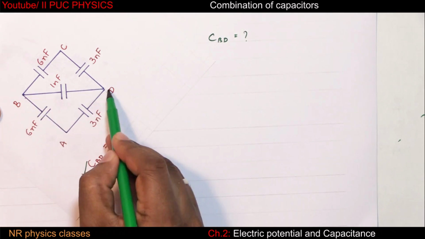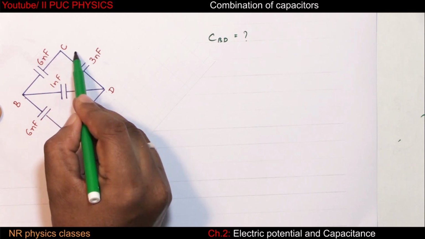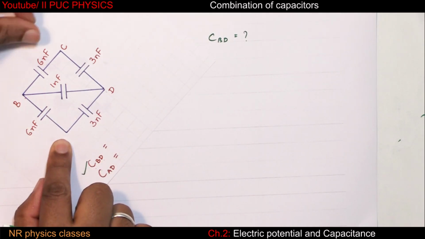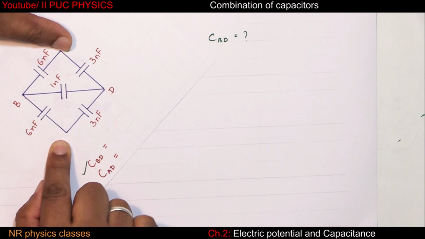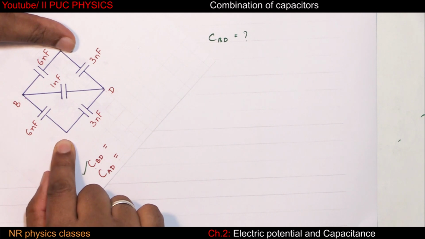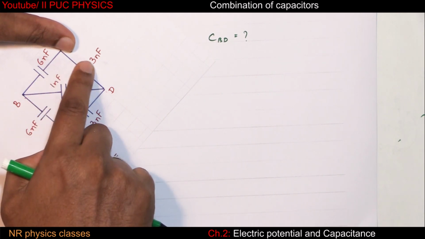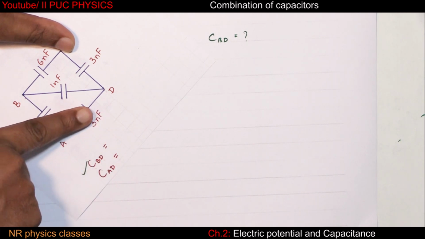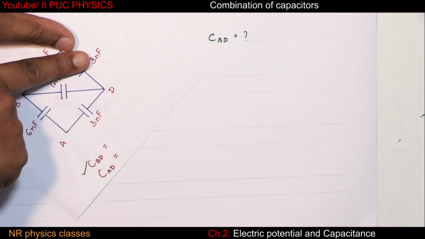Now this is B, this is D. These two are in series. When you are finding between B and D, don't worry about A and C. This is misleading. So between B and D means don't worry about A and C. That time you can see these two in series, these two in series, and then this and this in parallel.